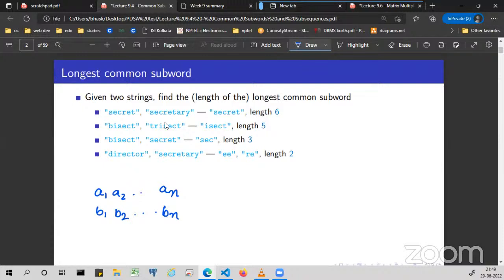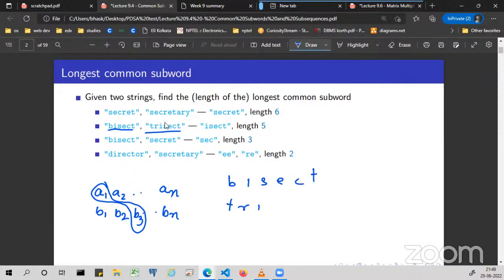So let's say a1 is not equal to b1, and a1 is not equal to b2 as well, but I see a1 is equal to b3. Like in this case, bisect and trisect.